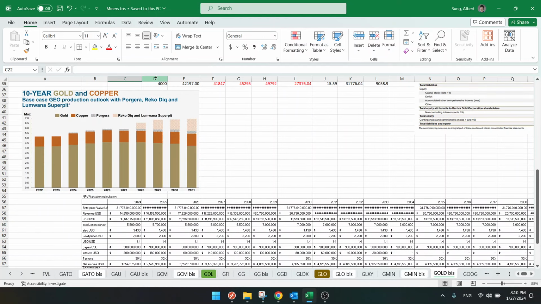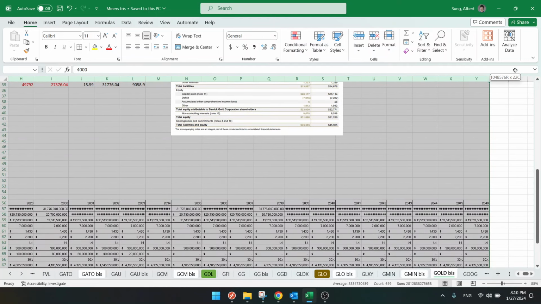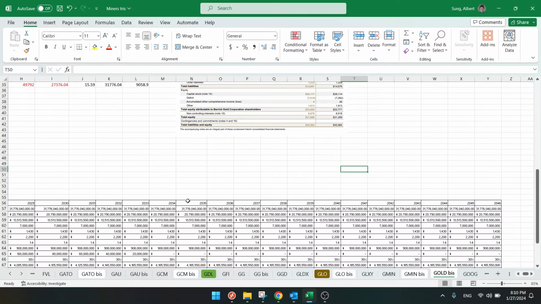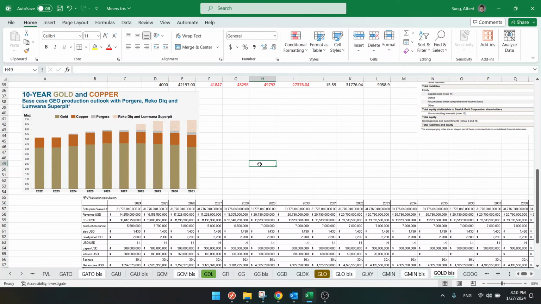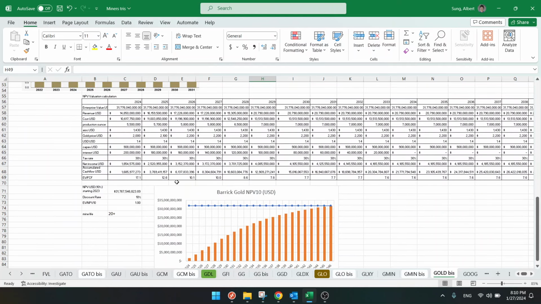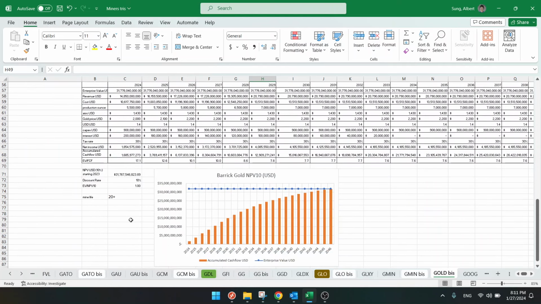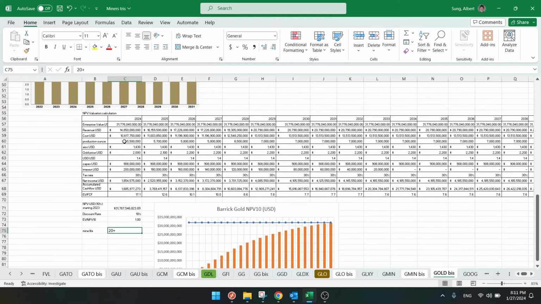I tried to extend the Excel sheet as long as I want, because I'm not going to do 30, 40 years. That's too much admin. So 20 years, and then you can extrapolate yourself. I think 20 years is a good start. So what did I do here? I have production up to 2031.